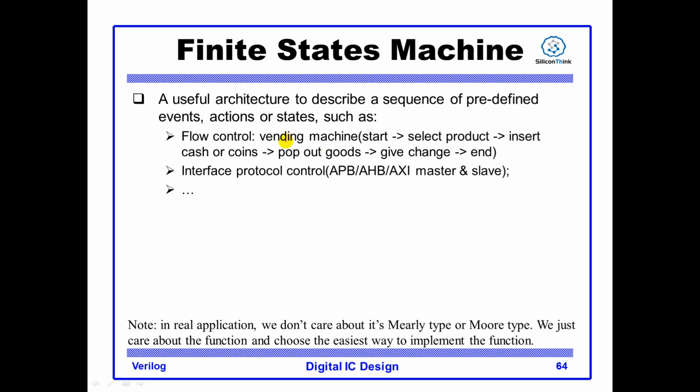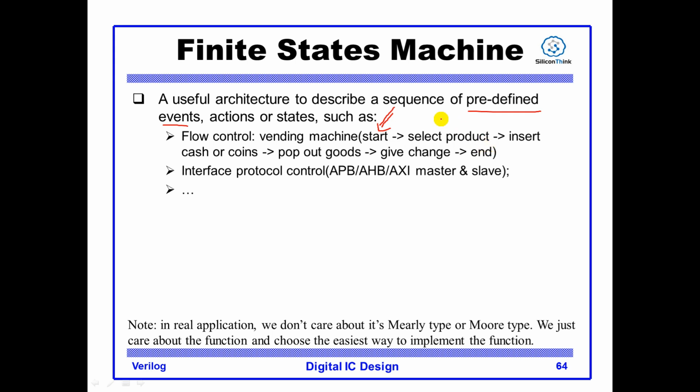For the vending machine, there are usually predefined events that can occur. For example, it usually goes through the following states. Start. That may be when a customer clicks the start button on the touch screen. Then it will go to the select product stage.